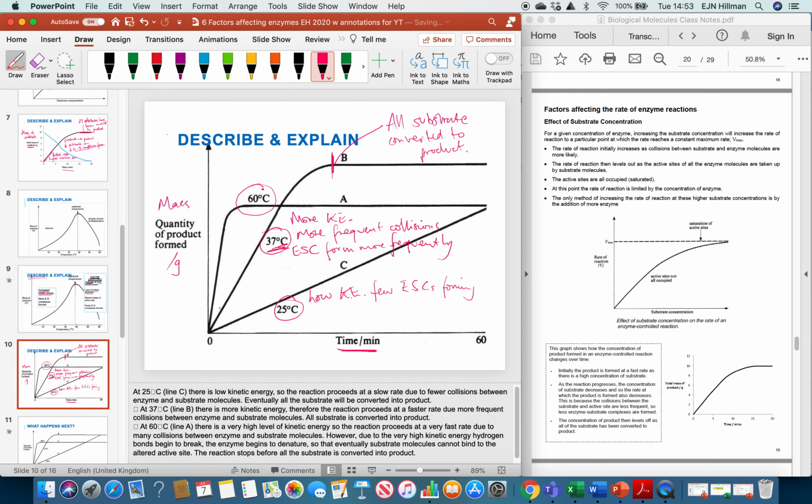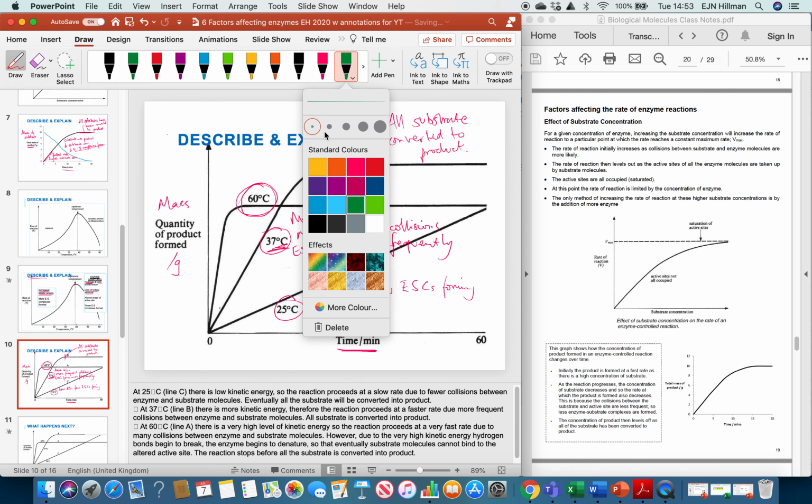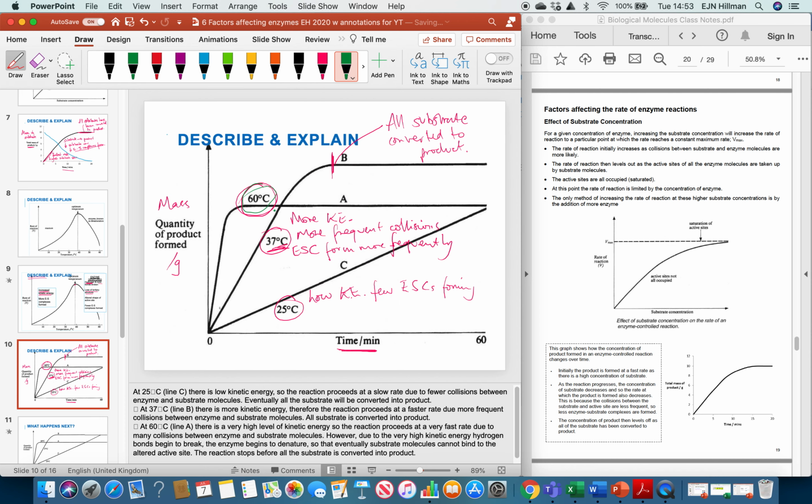Lastly then, at 60 degrees, I'll do this in a different colour I think. Okay, at 60 degrees, the initial rate is much greater, so the quantity of product formed increases rapidly initially in this early period. And that's because there is a very high kinetic energy.